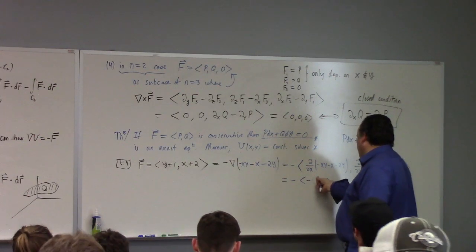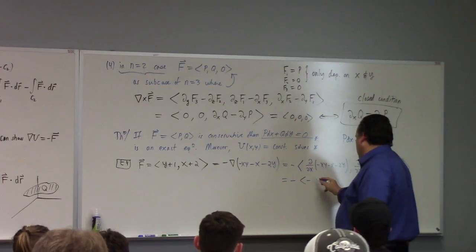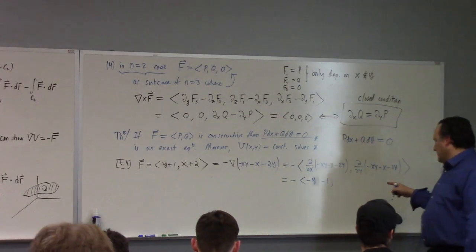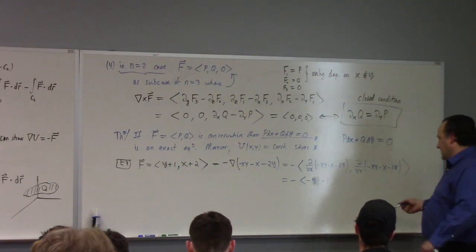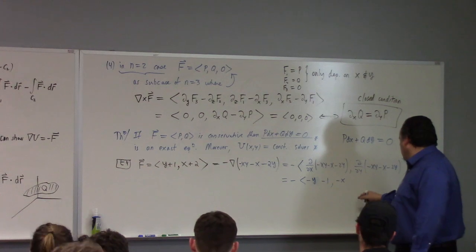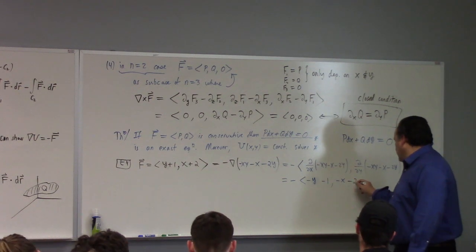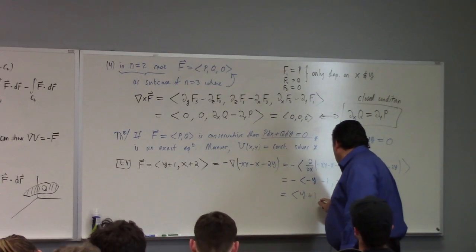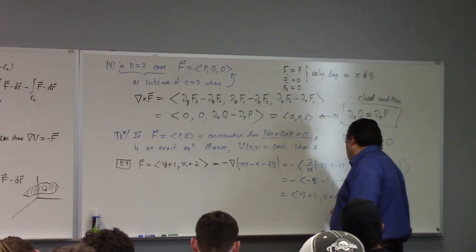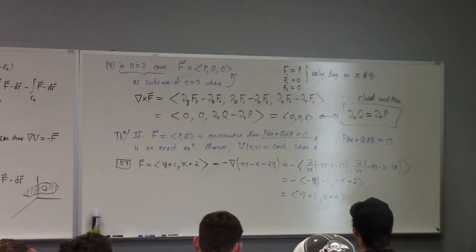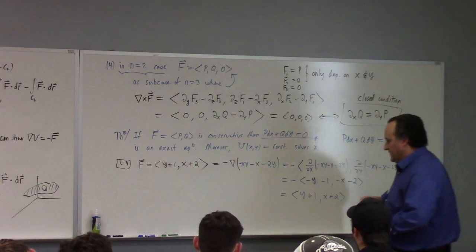What's the partial derivative of xy with respect to x? It is y. And on the other hand, partial derivative with respect to y of xy is x. It's got minus x over here. Oopsie. Minus 2. Multiply the minus through. Yay. All right. So indeed, the potential energy I pulled out of a hat.